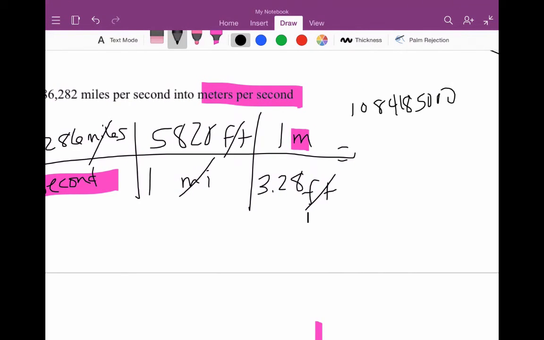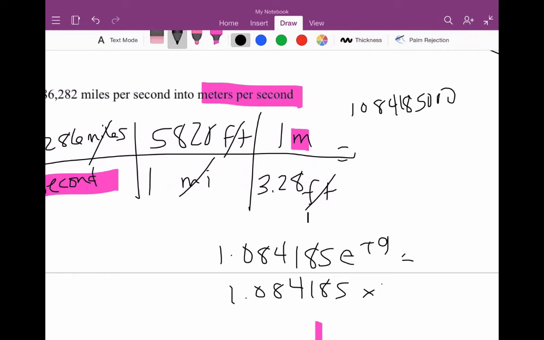My calculator, when it spit it out, said 1.084185 e plus 9, which means 1.084185 times 10 to the 9th. So we move our decimal place over 9. 1, 2, 3, 4, 5, 6, 7, 8, 9.